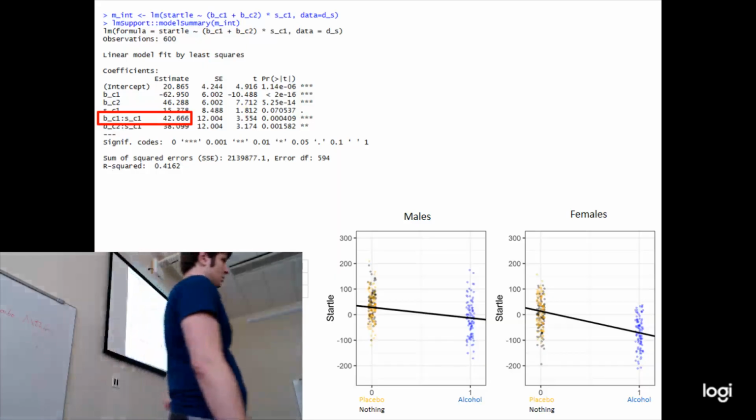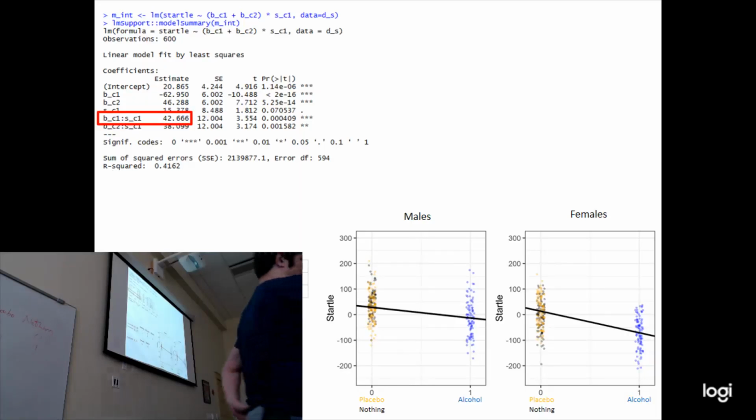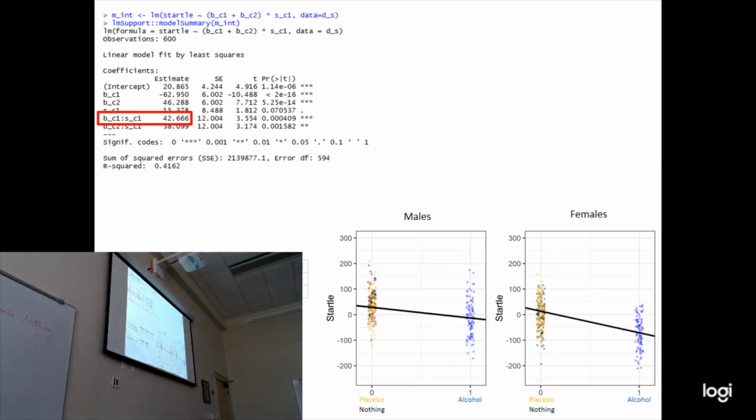Males and females, or nothing compared, or placebo compared to alcohol. Exactly. That coefficient represents how the difference between placebo and alcohol differs for males versus females. So this is the same thing we did before, but we're just using a dichotomous variable. It's exactly the same. Yes, absolutely. It's exactly the same.